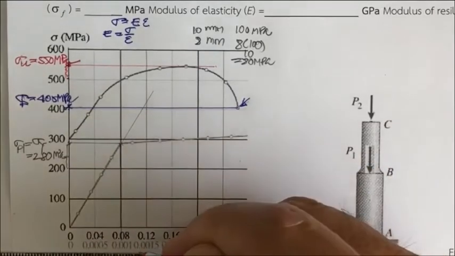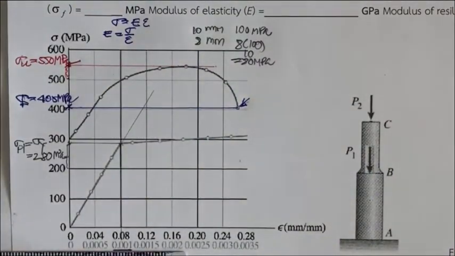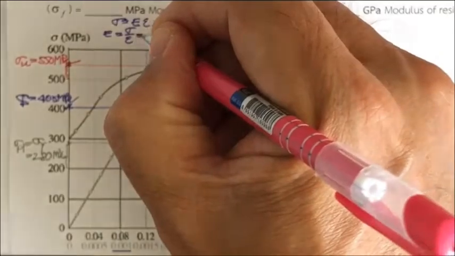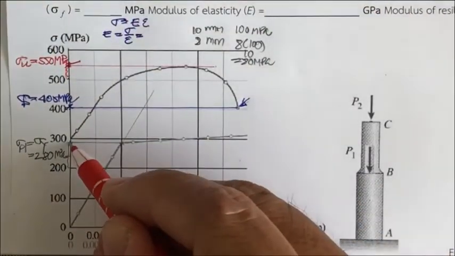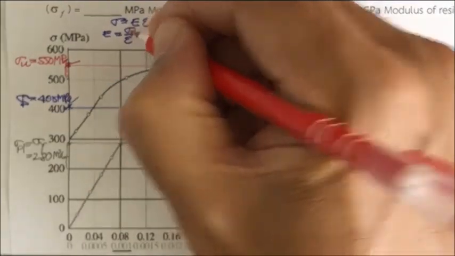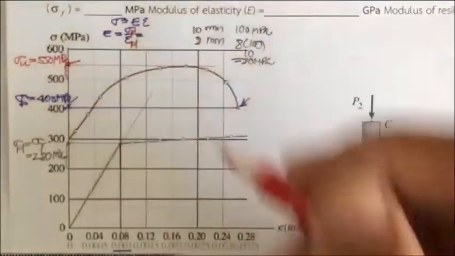Okay, so the corresponding strain is going to be 0.001. Since this one corresponds to 0.01, this one is going to be sigma sub PL, and the strain here is going to be strain sub PL.